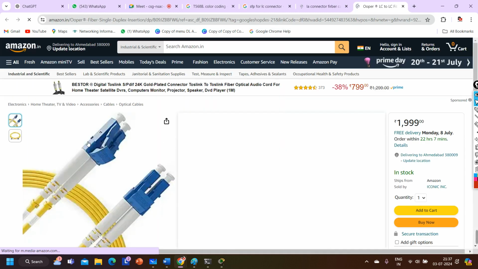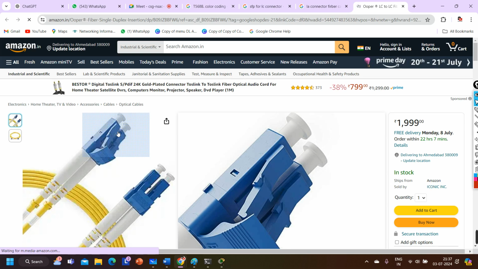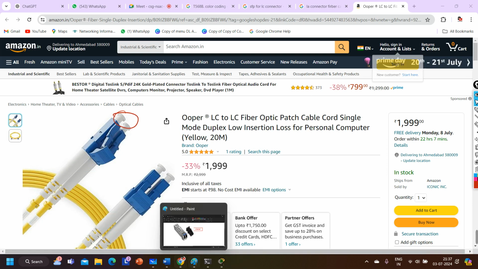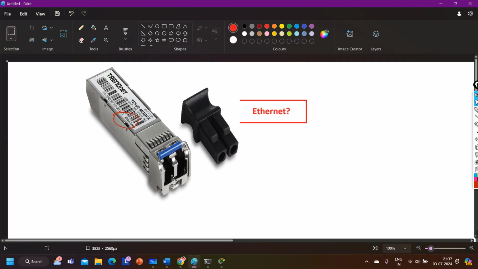This is what? SC connector. Clear? So you just need to remove this and you can insert it in the SFP, and after that you can insert the SFP in the router. Done.